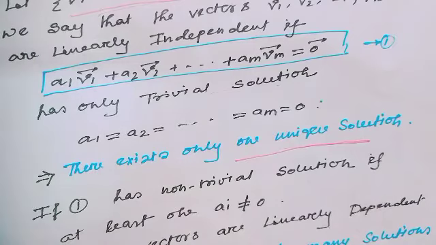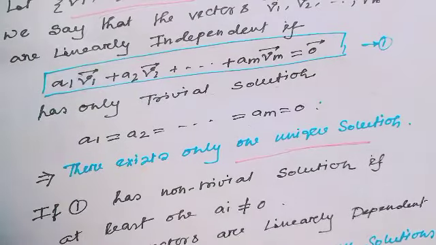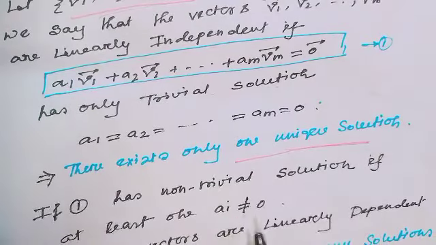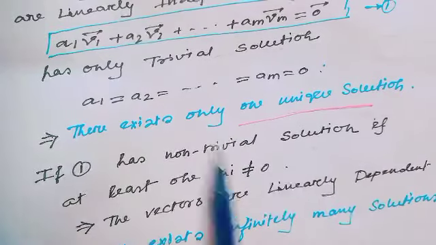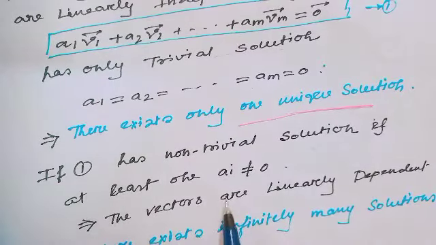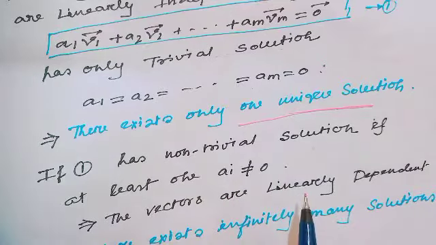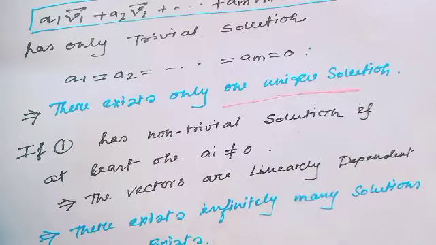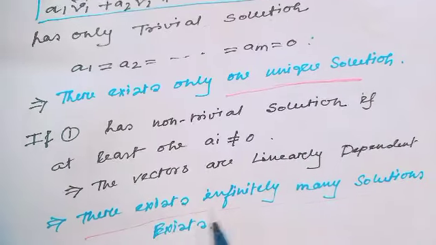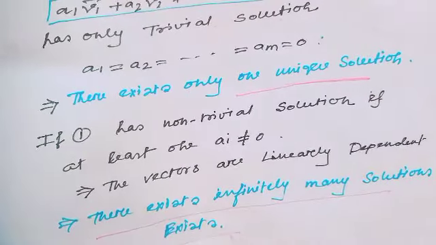But if the vectors are linearly dependent, then obviously there exists a non-trivial solution, because when linearly dependent, at least one ai is not equal to 0. That implies there exist infinitely many solutions.